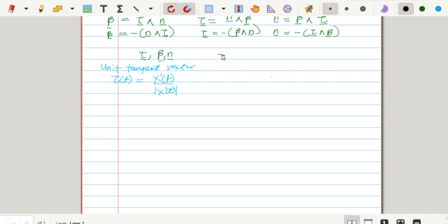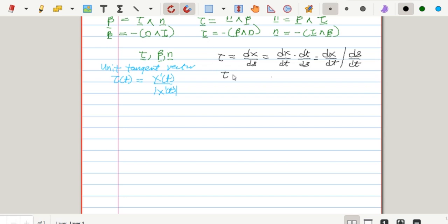The unit tangent vector is equal to dx over ds. This is the same thing as dx over dt, by the chain rule, multiplied by dt over ds, which is the same as dx over dt divided by ds over dt.